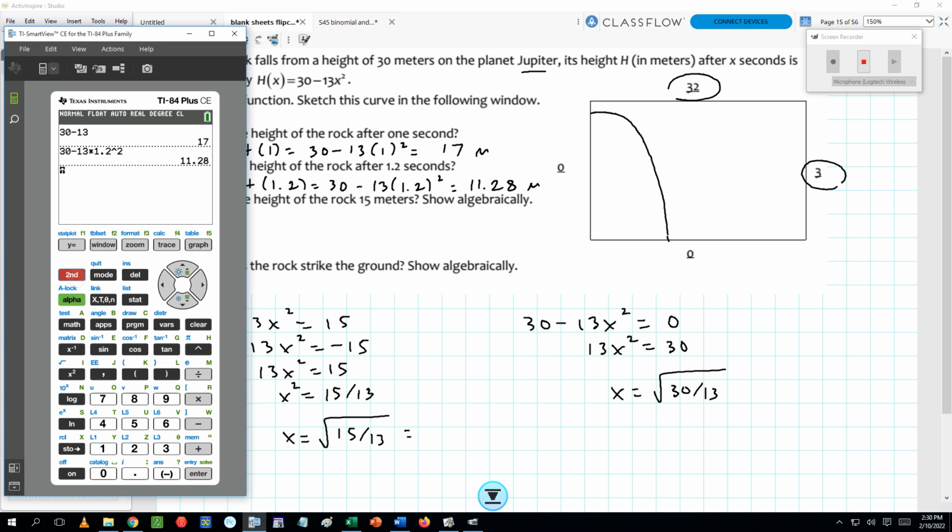So the square root, when is it 15 meters? There you go. And when does it hit the ground? There we go. 1.0742 seconds. 1.5191 seconds.